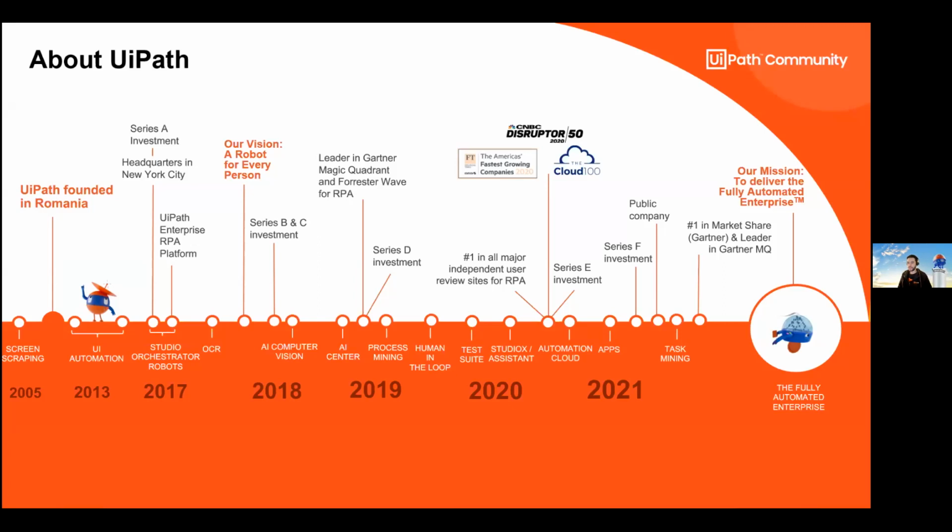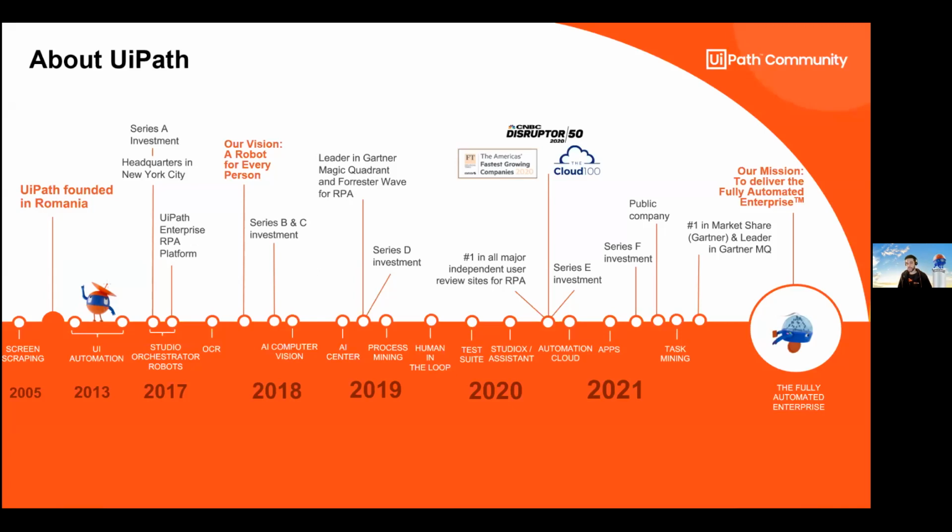Then by 2017, UiPath stopped being just one solution, and it was created what we now know as the core components of the UiPath solution. That is UiPath Studio, UiPath Orchestrator, and UiPath Robots. We are going to mention them.